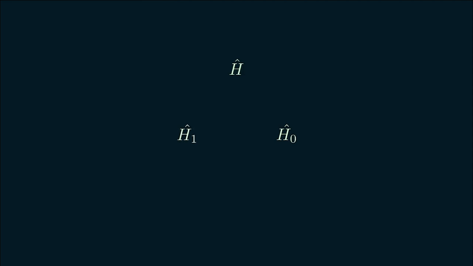H1, he is the bad guy. It is due to this H1 that we have to use approximations to solve the problem. H-hat, without any subscript, is the total Hamiltonian that represents some real-world problem we want to solve. This H-hat is a linear combination of H0 and H1.